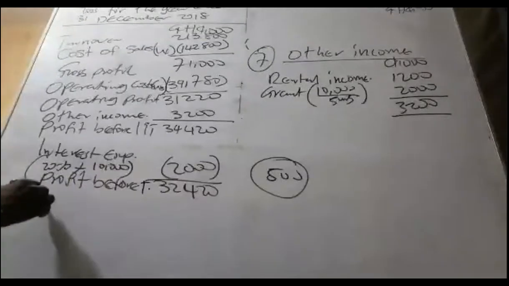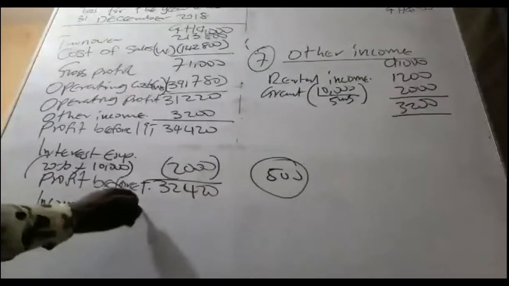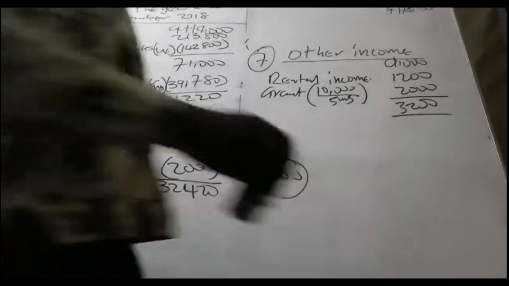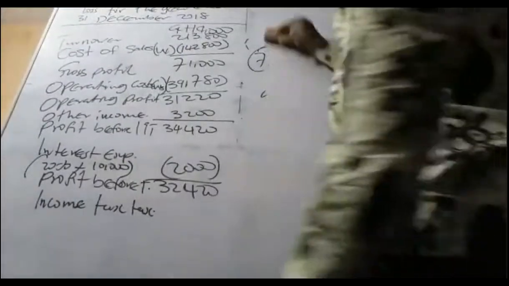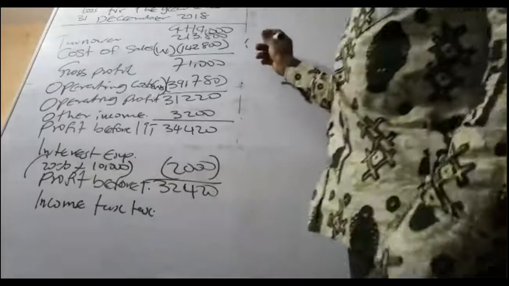Now let's go to income tax expense. This income tax, I like this. This section 2, they have informed me that you are the best. So workings number 8, income tax.